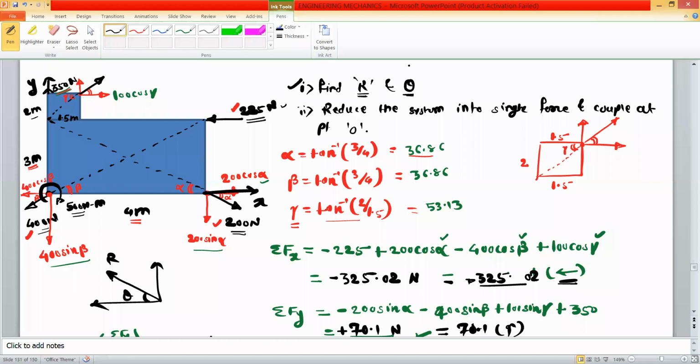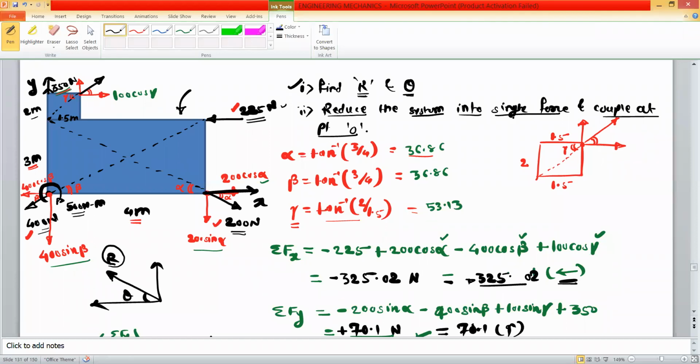Now refer the second question. In the second question, we need to reduce the given system into a single force and couple acting at point O. Okay. So when you find out the resultant, its meaning is we are replacing the system of forces into a single force that is called as resultant. Okay.